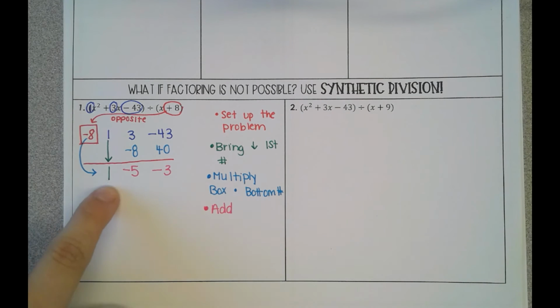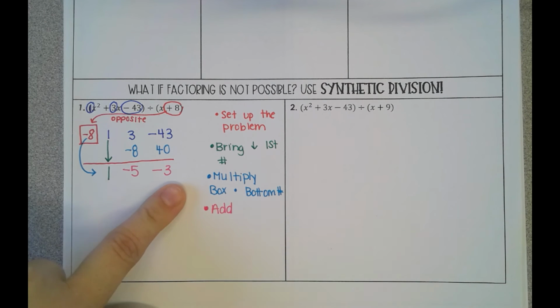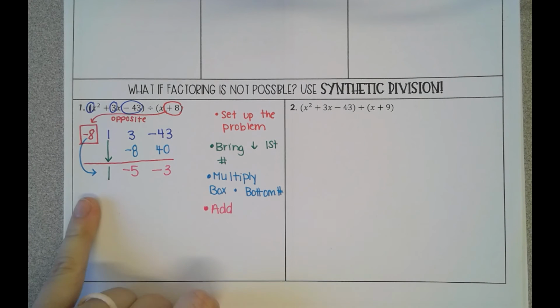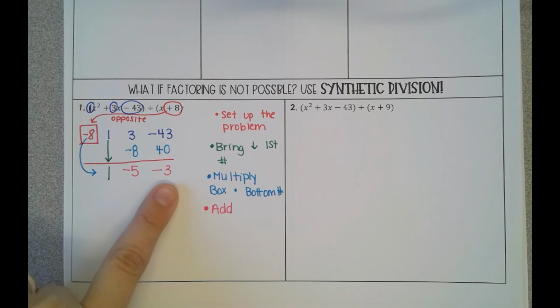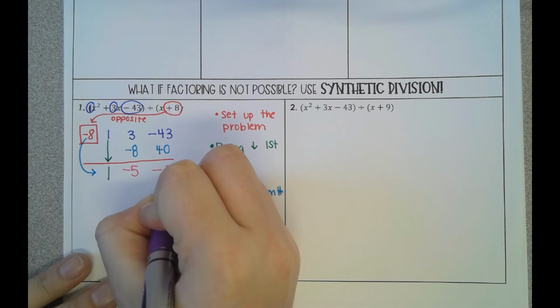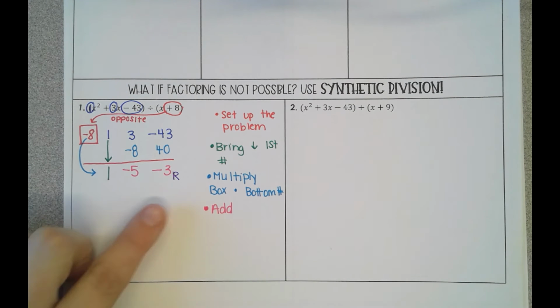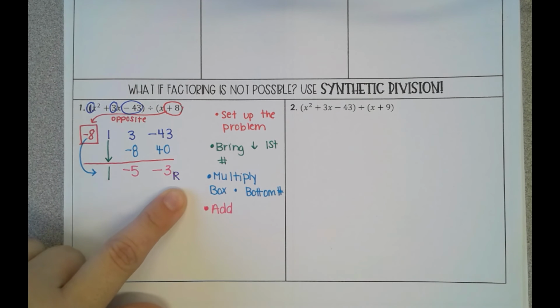Now for our answer, we have to add a few things to this. And we're actually going to work right to left. You're used to working left to right. But starting on the far right, that last number is our remainder. I'll tell you about the remainder in a minute.